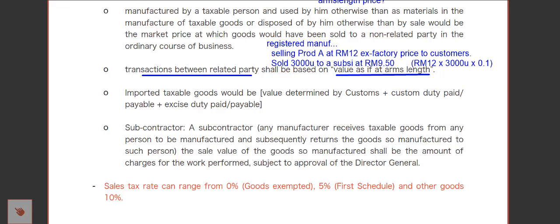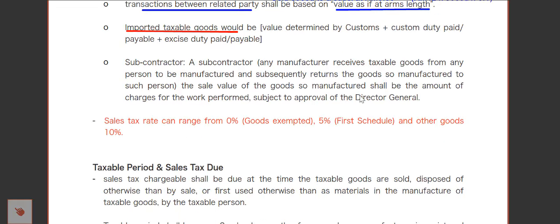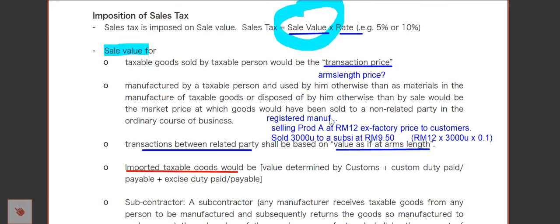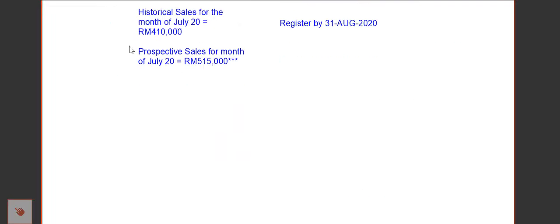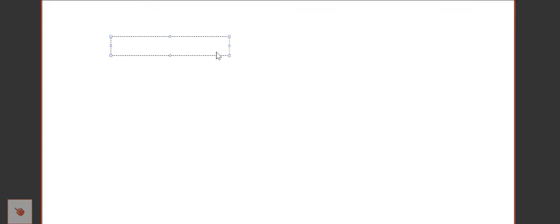All right. Now, and we see that for imported taxable goods, the value is actually based on the value determined by the custom plus whatever customs duty that you've paid or payable and whatever excise duty paid or payable. Okay, now I need some space. Okay, let's say I'm going to use here. All right, now you're going to import taxable goods.